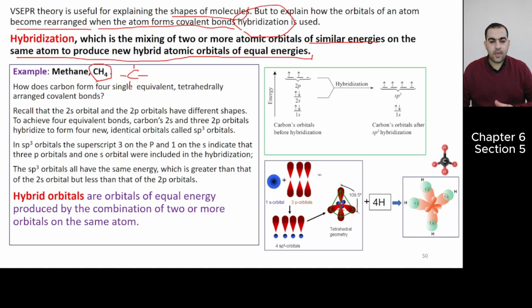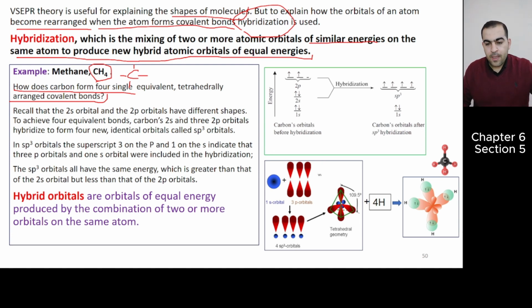So here, how does carbon form 4 single equivalent tetrahedrally arranged covalent bonds? These single bonds, the orbitals here must be the same, because these are each single bonds.